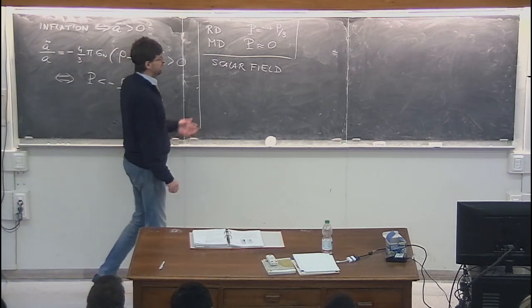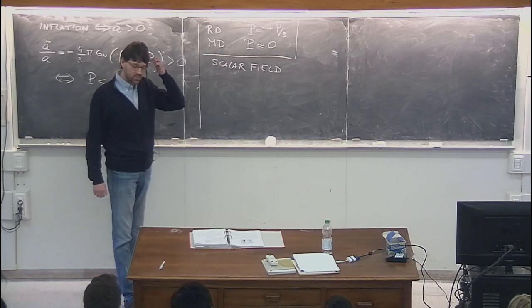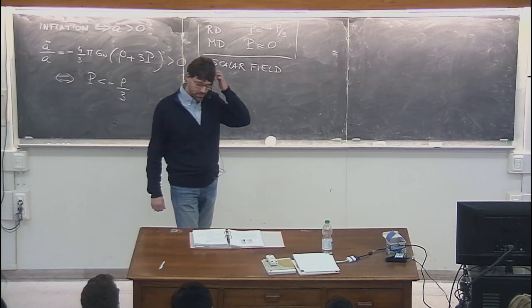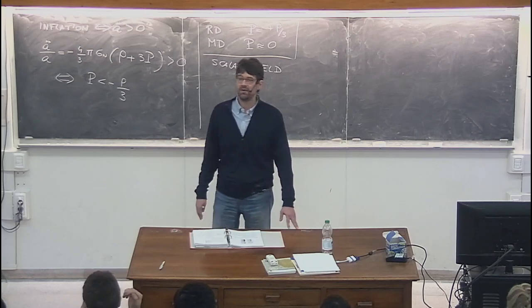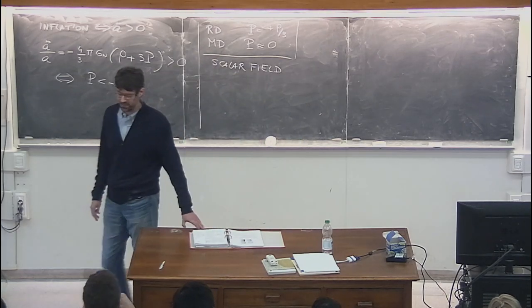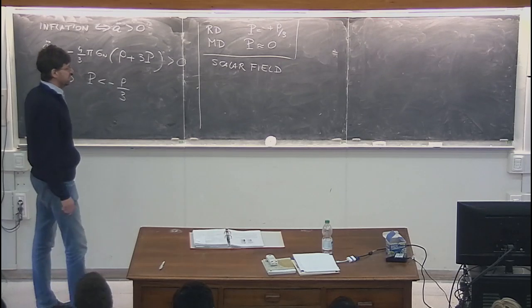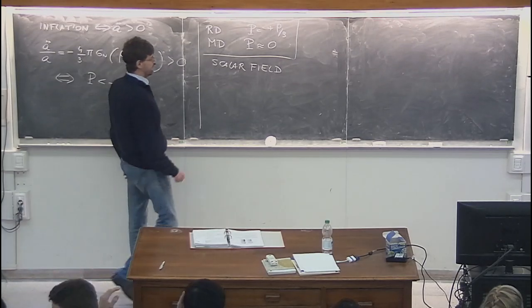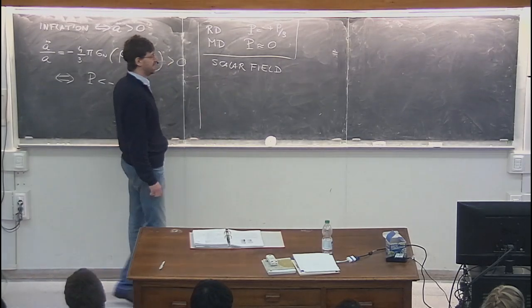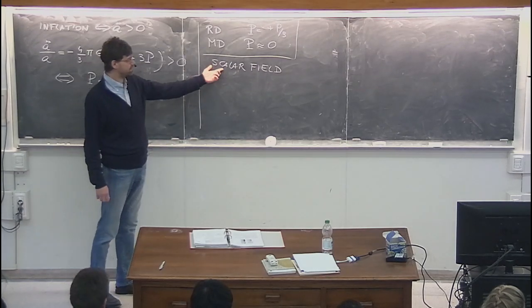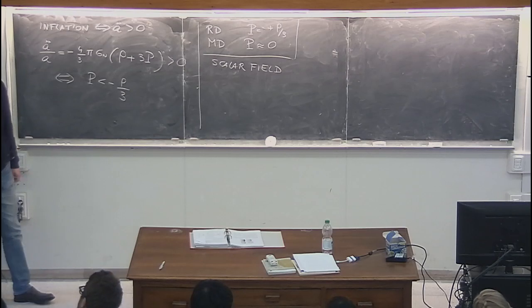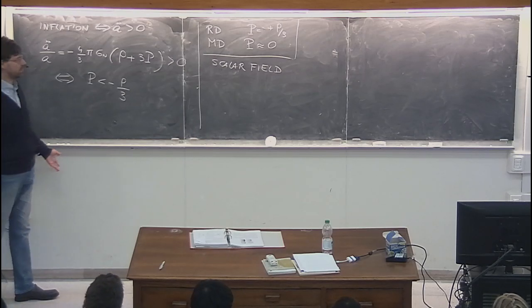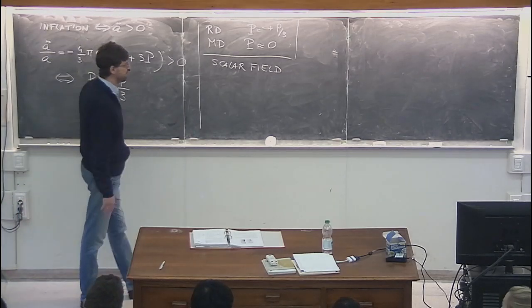Now before 2012 it was embarrassing to speak about a scalar field because we didn't know the existence of the Higgs. Now luckily we know there is at least one scalar field in high energy physics. And one reasonable question is, can I identify the Higgs to be the scalar field we will discuss for the rest of the lecture? This is of course not well known. Some people believe that it might be the Higgs.